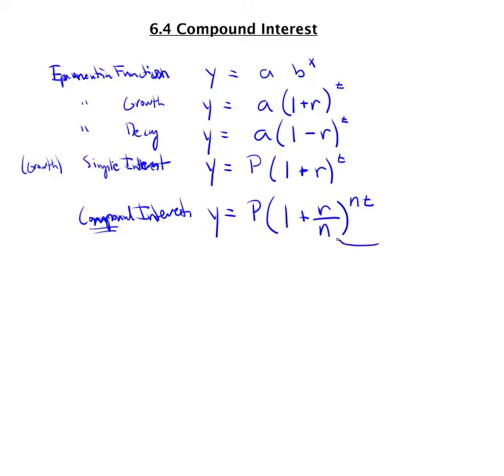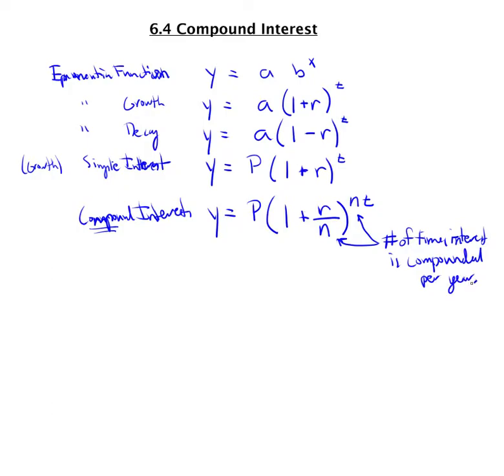So we want to mark that n is the number of times the interest is compounded per year.